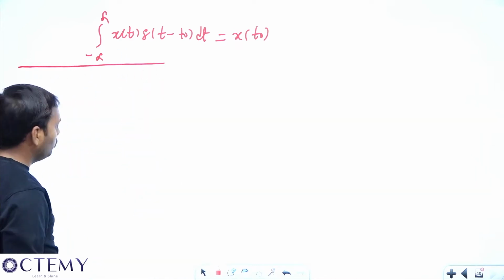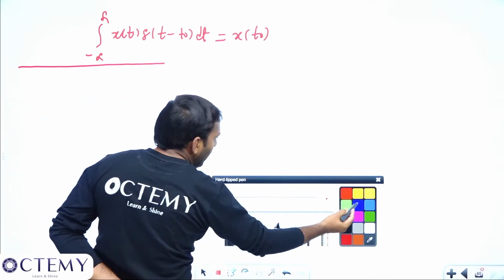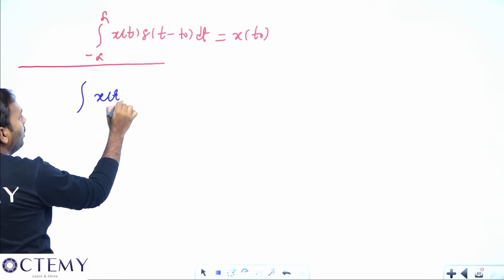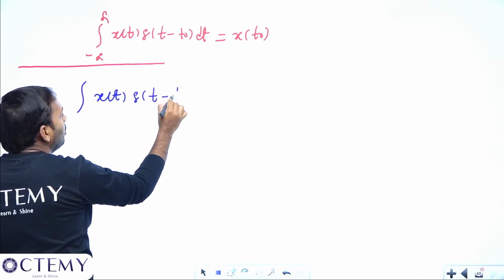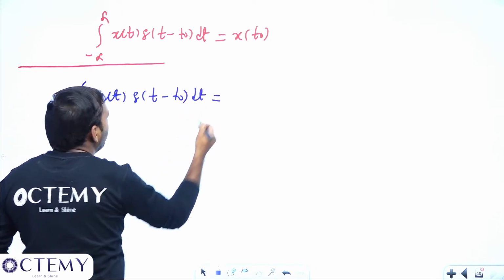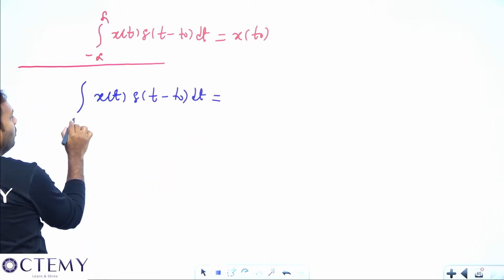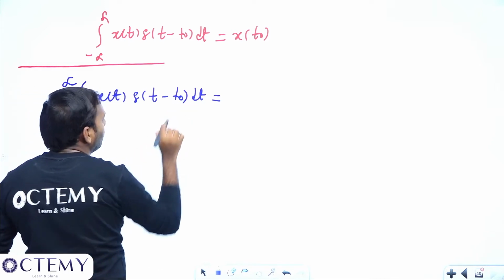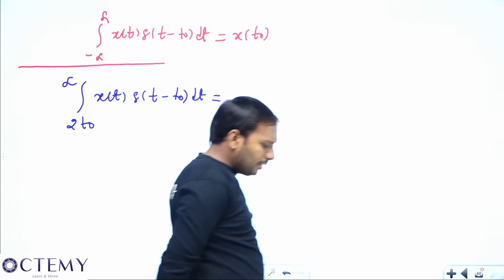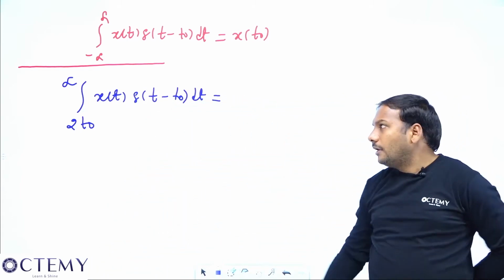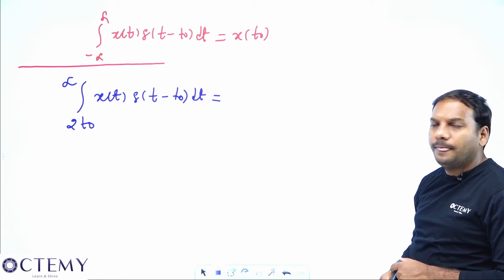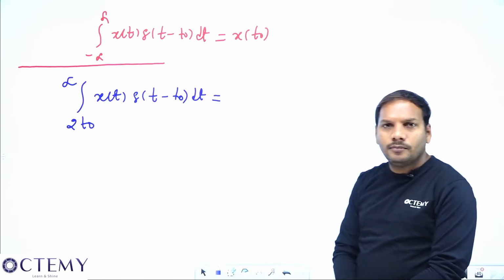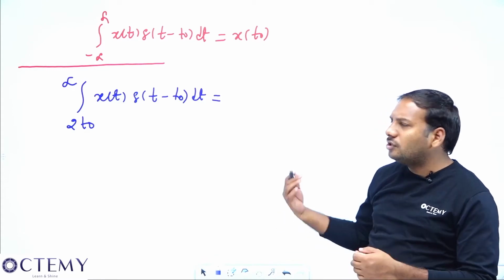Now I will take another formula, something like this: the integral of x(t) delta(t minus t0) dt, but I will evaluate it from 2t0 to infinity. Then what is the answer? Is it still x(t0)?